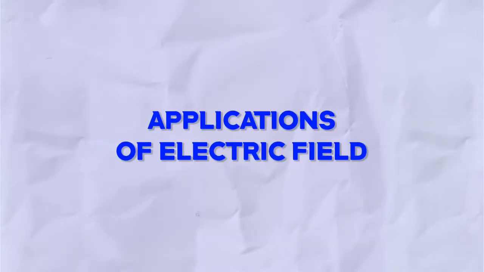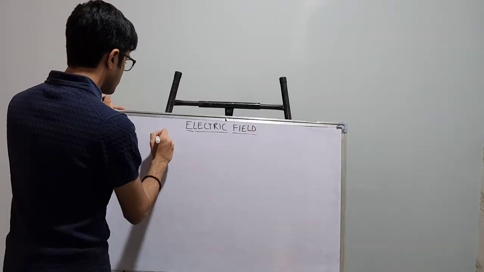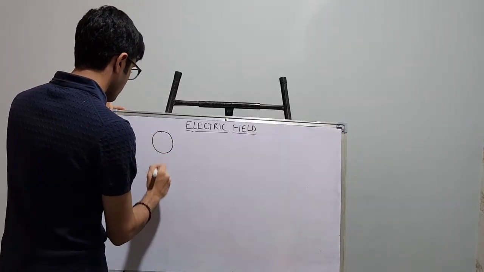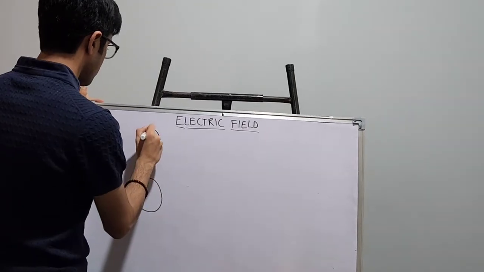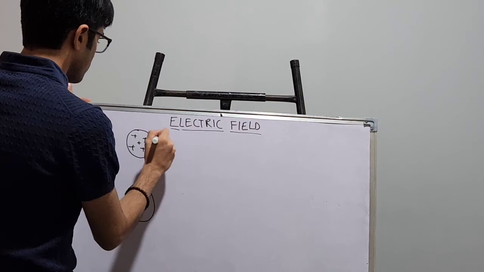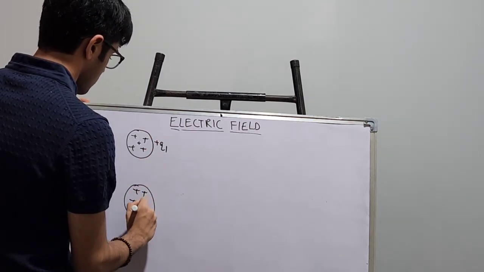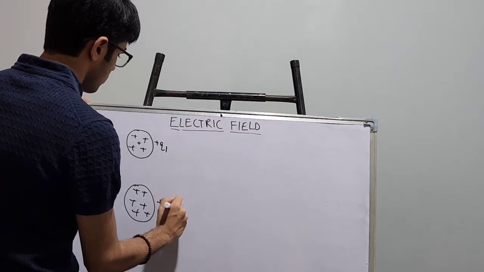Let us understand some of its applications. From the previous video, we saw that in Coulomb's law there were 2 point charges here, 2 balls let's say, or 2 point charges we can assume. This is of plus Q1 and this is plus Q2.